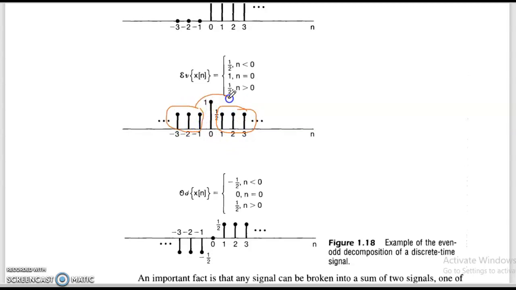So they are the same. Here n is less than 0, this is the height. Here n is greater than 0, this is the same.